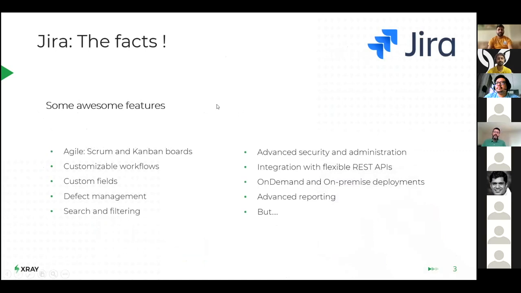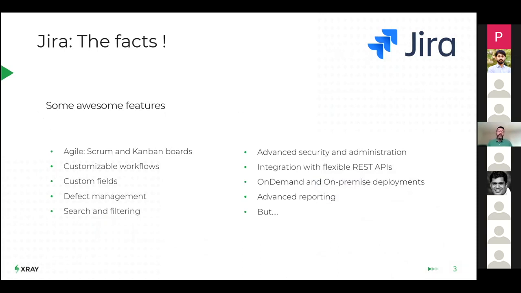So once again, Jira. The facts are basically that Jira is an awesome software development tool. Even though it can be used for any type of software development, it does provide you with some features for Agile, such as Scrum boards and Kanban boards. You can create your own issue types if you want.